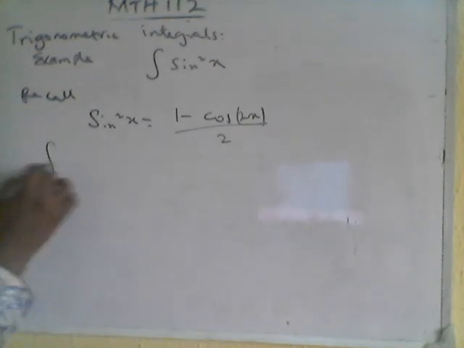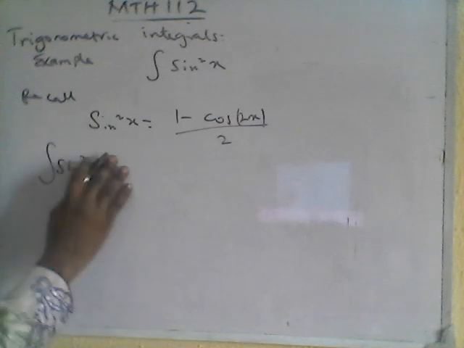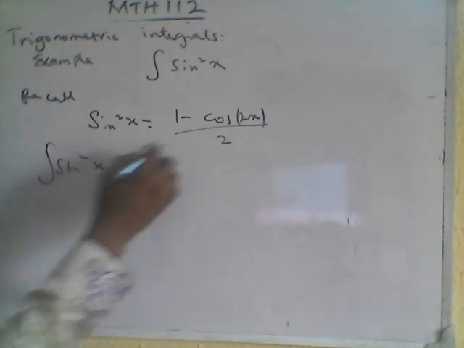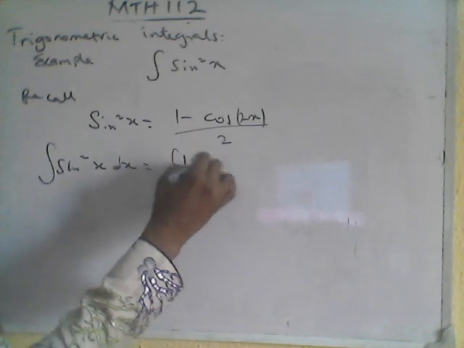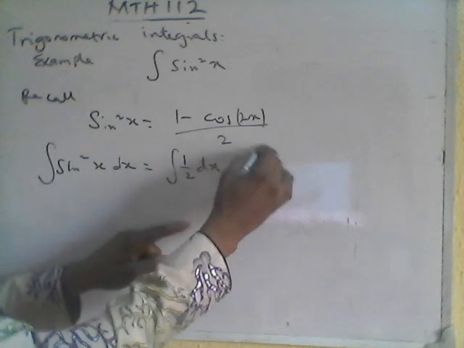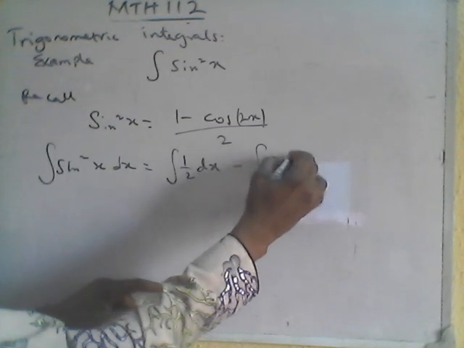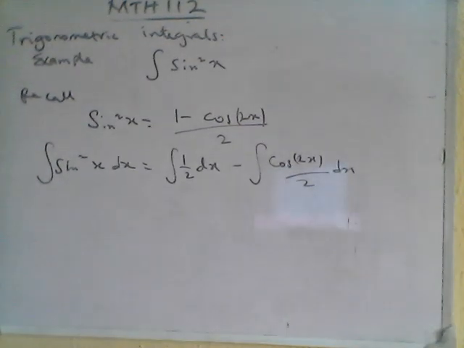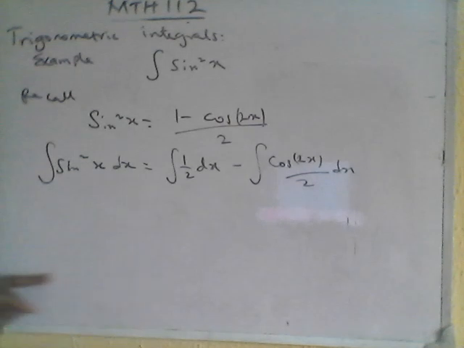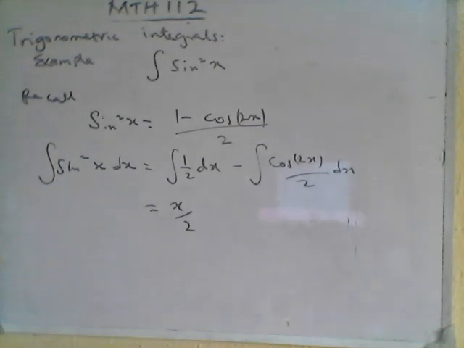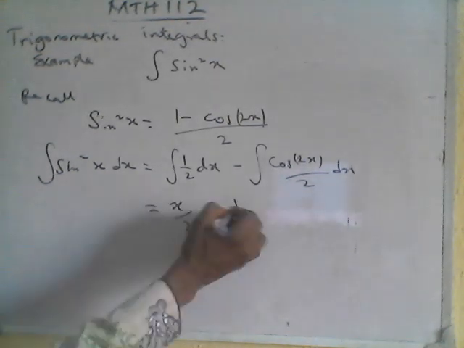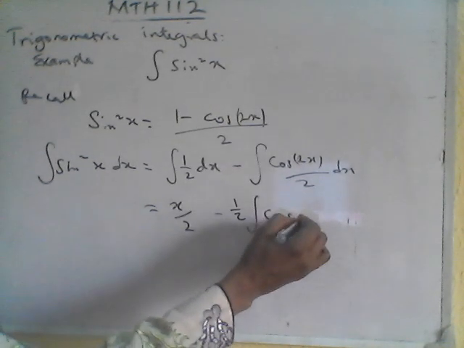So if I were to integrate sine squared x dx, I can split this into two parts: the integral of 1 over 2 dx minus the integral of cos 2x over 2 dx. For the first part, the integral of half is x over 2. Then minus half can come outside, the integral of cos 2x dx.